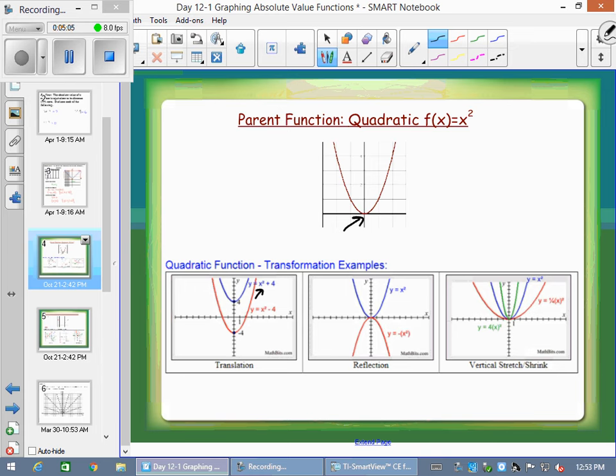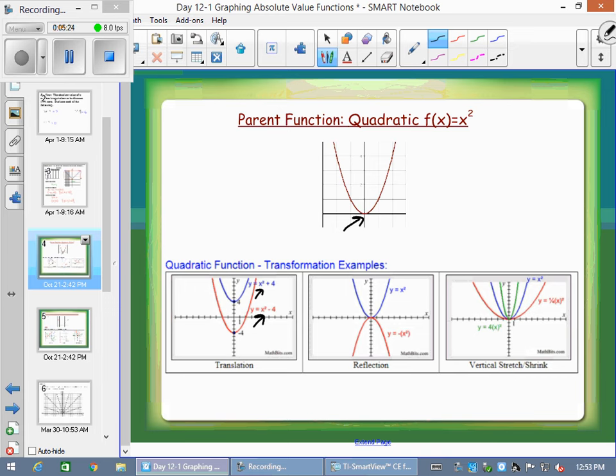If you were to graph y equals x squared minus 4, that means it's a vertical shift down 4. So if there's a number being added or subtracted to your parent function, that means it's a vertical shift up or a vertical shift down, depending on whether it's positive or negative. Positive means up, negative means down.